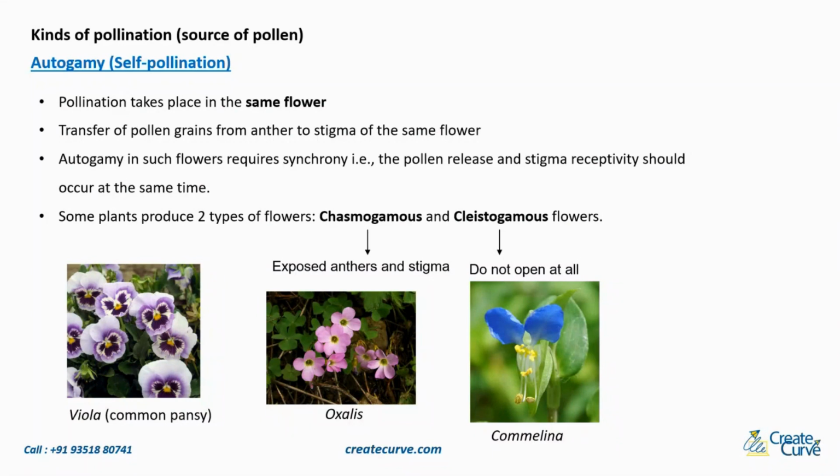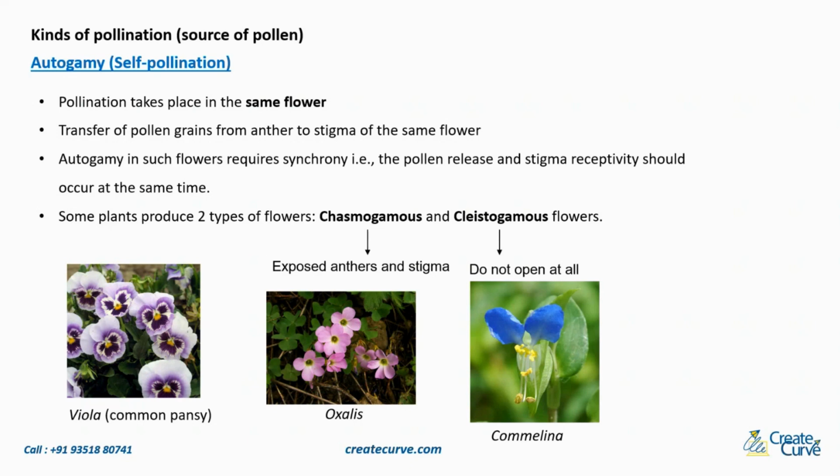The flower has to be a bisexual flower, where the female and the male parts both are within the same flower. Only then can self-pollination occur within that same flower, correct? So autogamy can happen in such flowers, and it requires synchrony. What does that mean? That means the pollen release and stigma receptivity should occur at the same time.